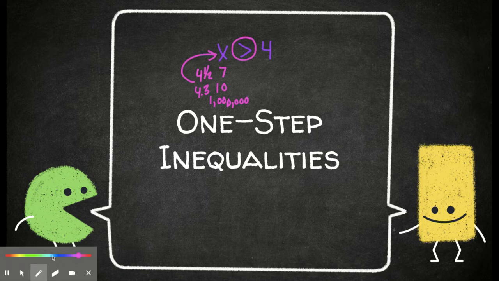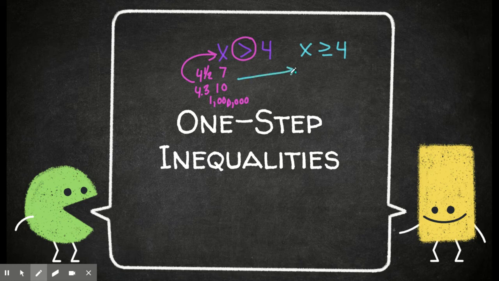Then we learned a little bit about the inequality signs with the equal to sign underneath. If we had x is greater than or equal to 4, not only can we include all of these numbers as a solution for x, but we can now include the number 4 as well, because this little line underneath our inequality says that x can also equal 4.